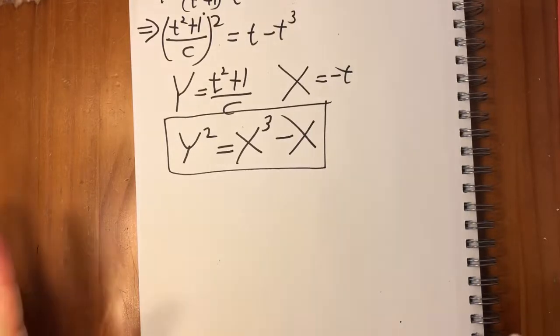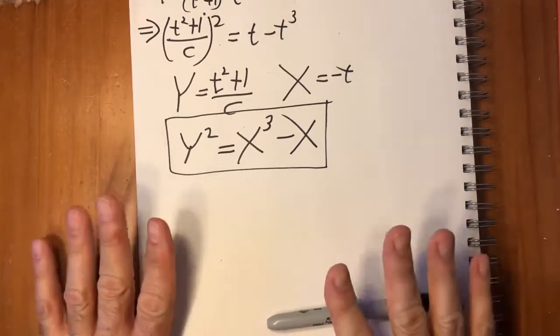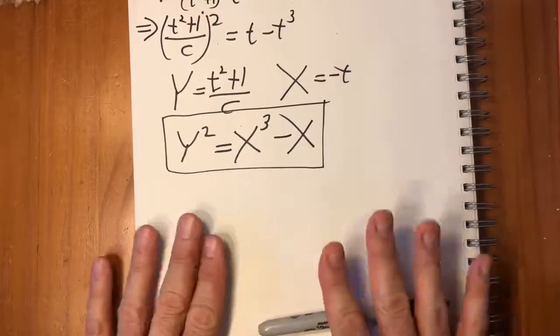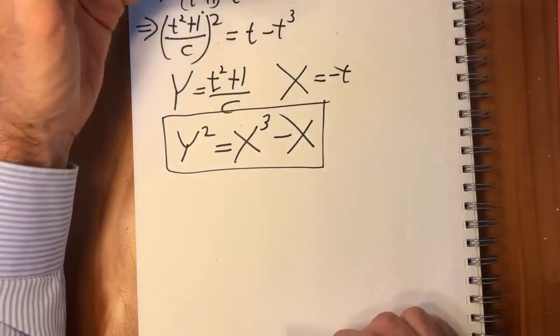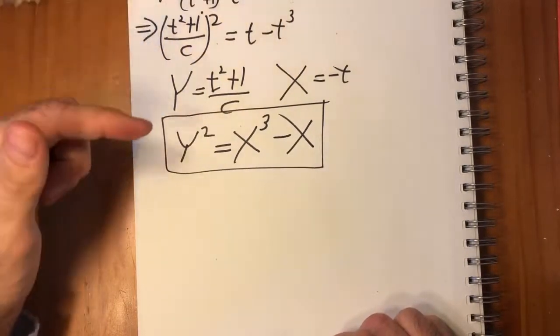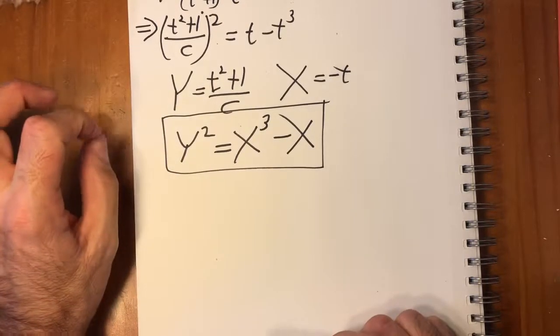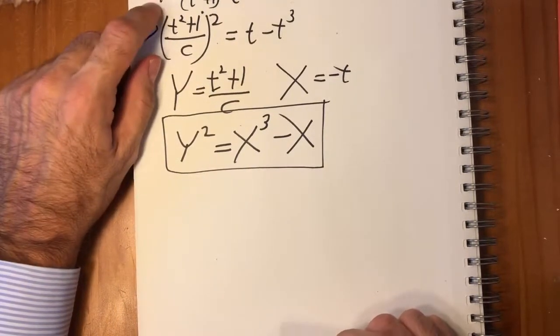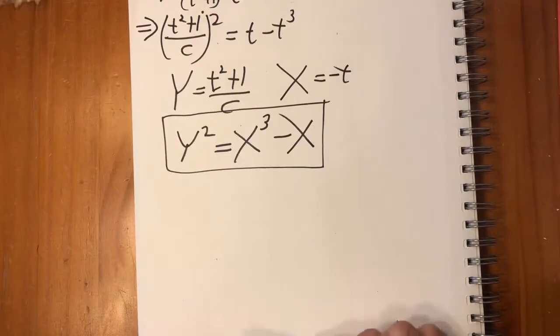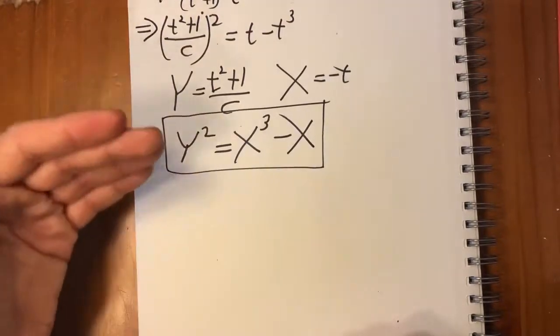Now, for our purposes, the only thing that I wanted to do with this video was show us how to get from the Pythagorean theorem to here. We've done this now. It's all about finding congruent numbers. Although I think there are more connections than just that.